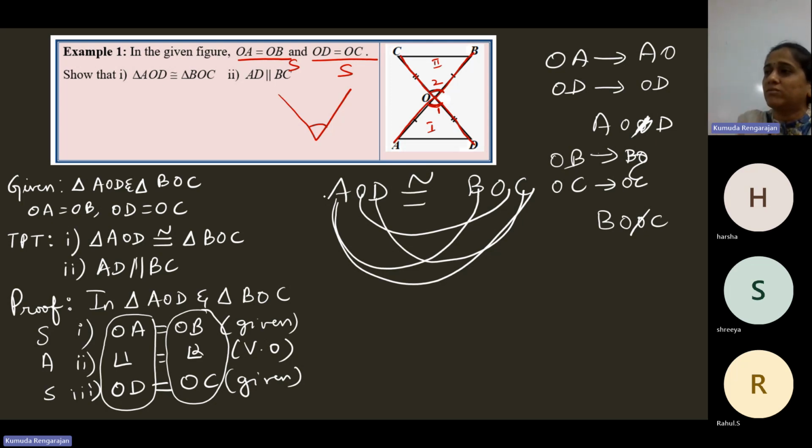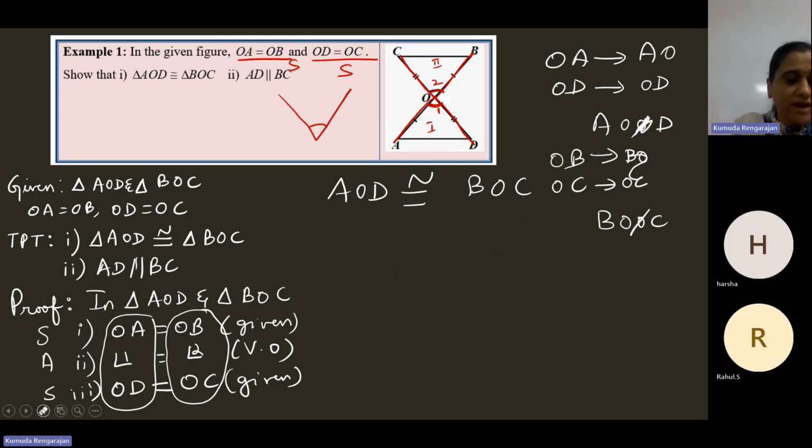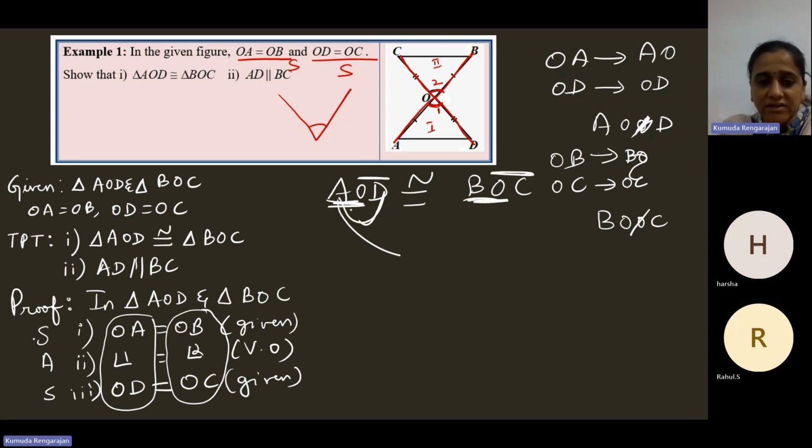You have simply placed them the way you want. So when you place the two triangles one over the other, the side AO coincides with side BO, and AD coincides with BC. It's easier to match the vertices than the sides.